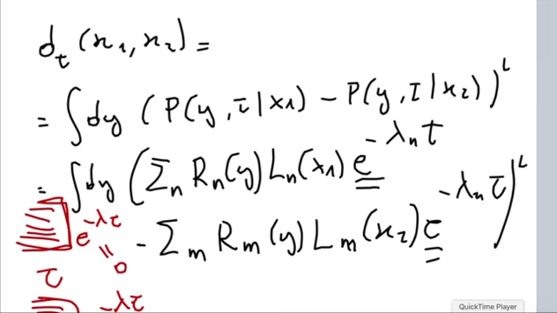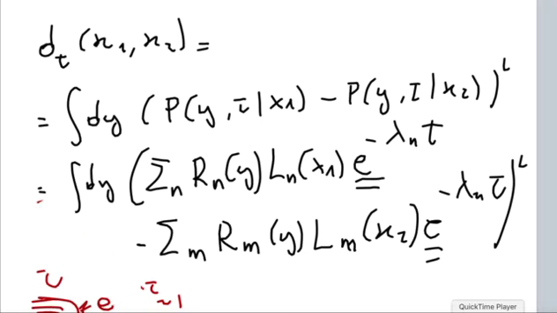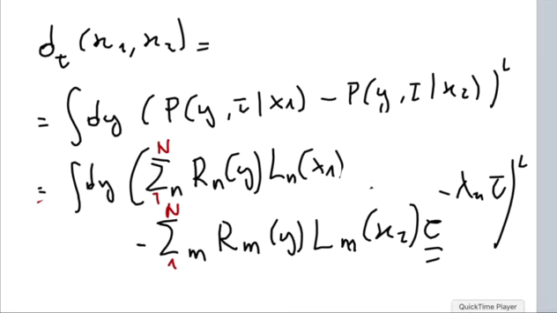Now, if you can do that, the result is simply that of restricting the sum to a maximum n, a finite number of terms, and getting rid of this exponential.